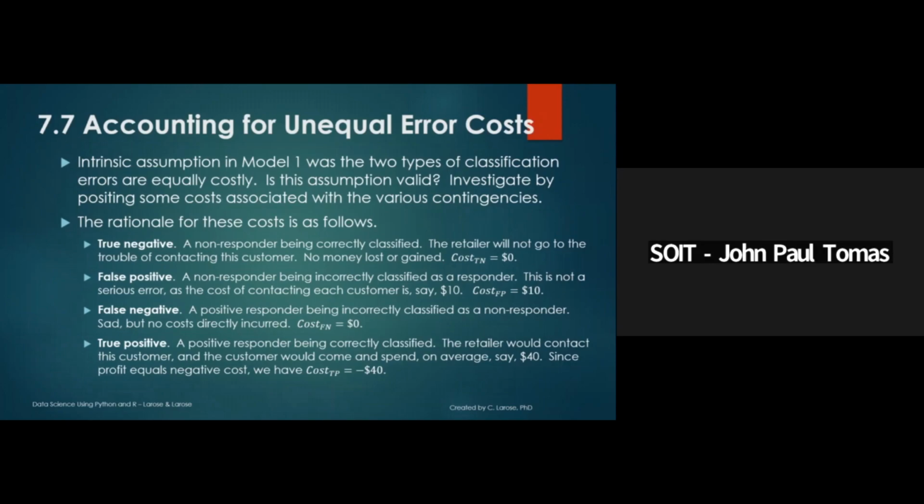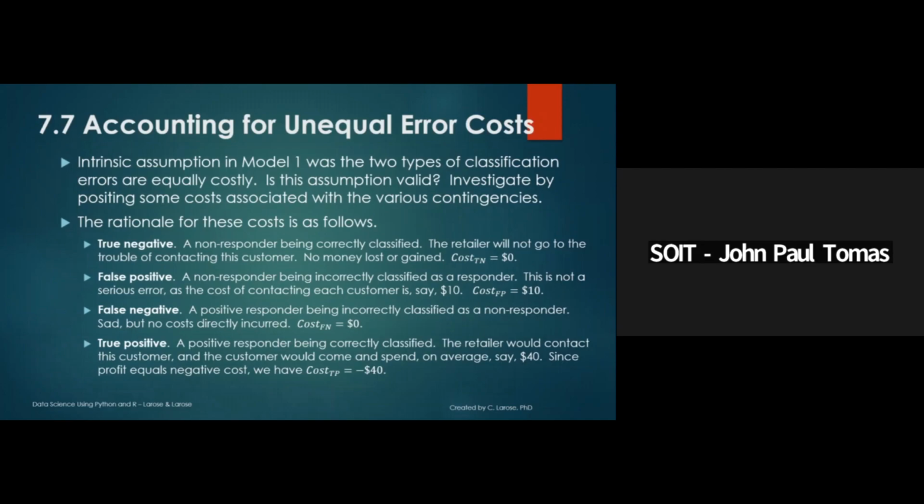It's a non-responder incorrectly classified by the model as a responder, so since this is considered a responder, we will be allotting $10 for each of those customers that was flagged as a false positive.